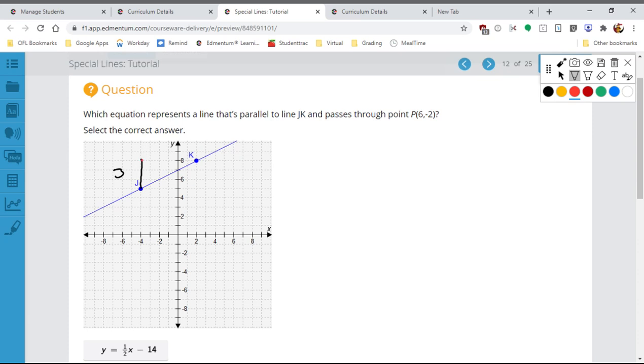And I'm going to run across. So I'm starting at -4 and I'm going all the way to +2. So going from -4 to +2, I'm going to end up going 6 places.